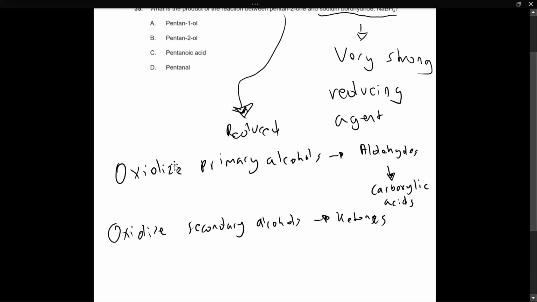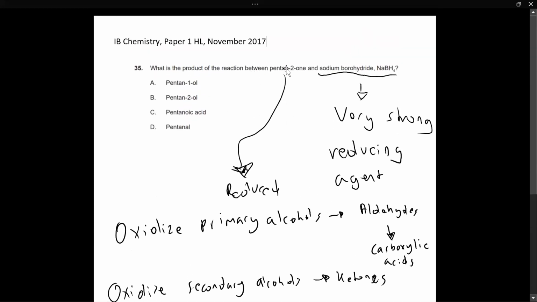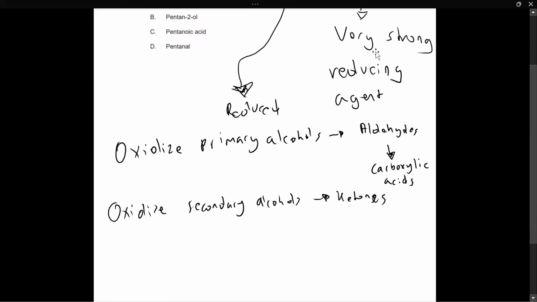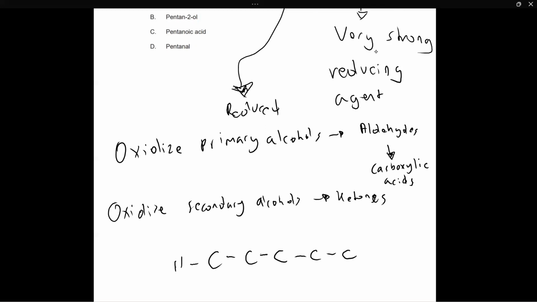Now, like I said, reduction is the reverse of this process. The compound we are reducing here, pentan-2-one, is a ketone. Pentan-2-one looks something like this.